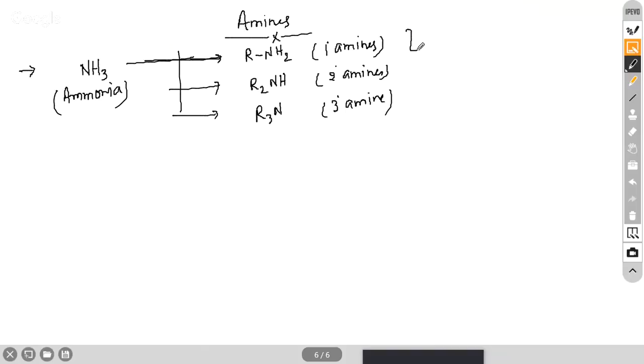Okay, so these are the derivatives of amine. This is the one thing you have to keep in mind. One more thing here: in most reactions of amine, the nitrogen-hydrogen bond takes part in the reaction.